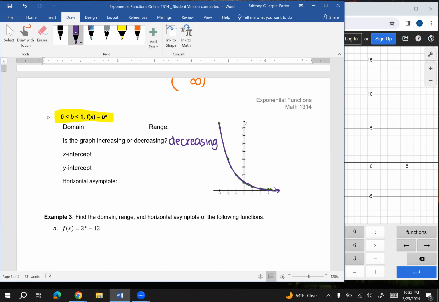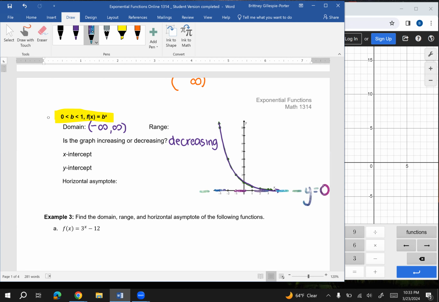Notice that it's going all the way to the left, all the way to the right, which means our domain is negative infinity to positive infinity. We can plug in any x value we want and still get a y value out. Our range is defined by that horizontal asymptote, and you can see we're starting to flatten out near y equal to 0.